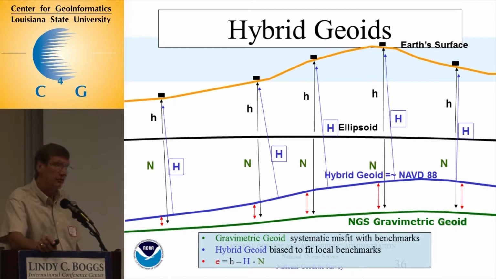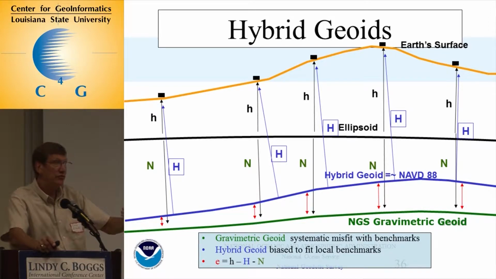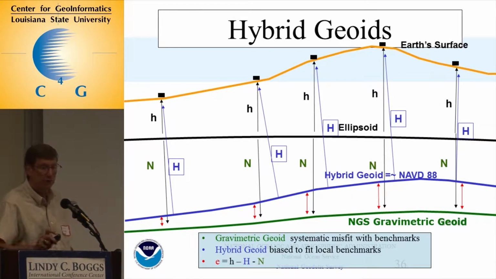You'll probably see some in the mountains too, but the coastal areas are really going to get some improvement because you can only take gravity up to so far from the coast, and then you got gravity taken on ships only so much inland. And so you got that gap, and this is where this GRAV-D program probably is really going to have some benefit, which will help Louisiana, Texas, all along the Gulf coast.